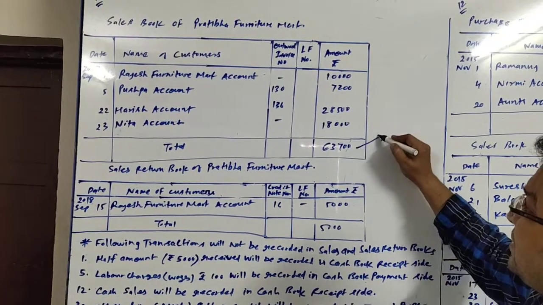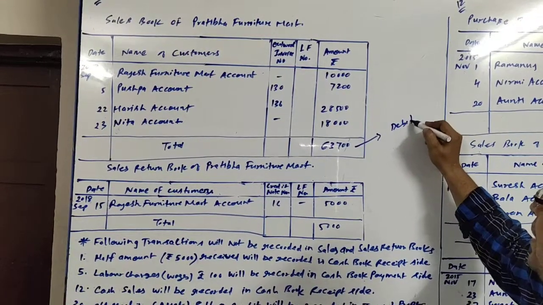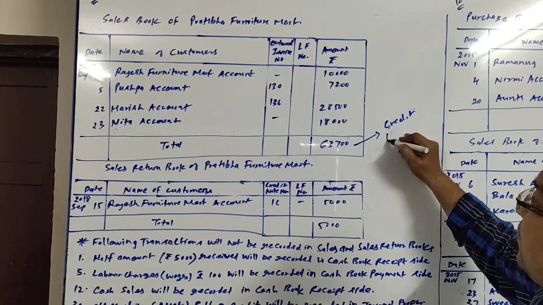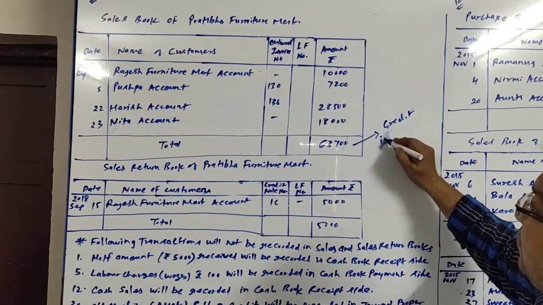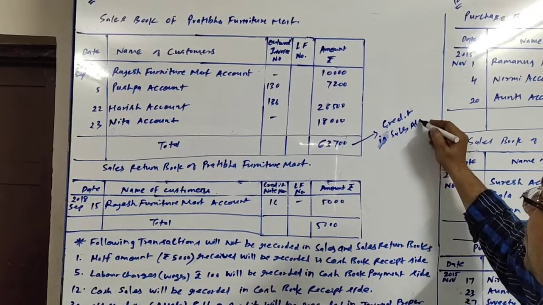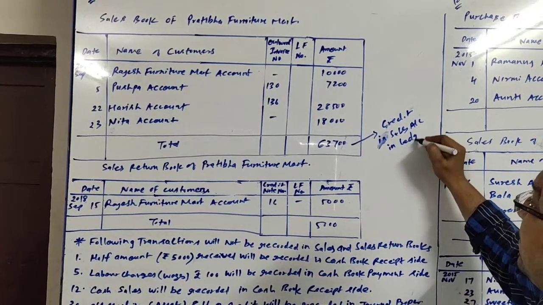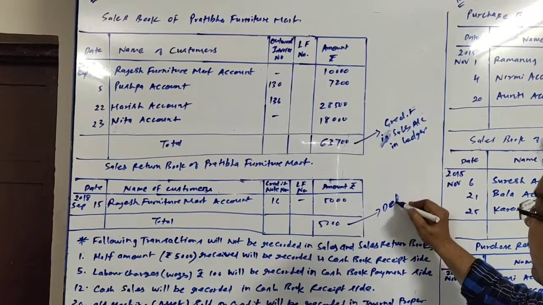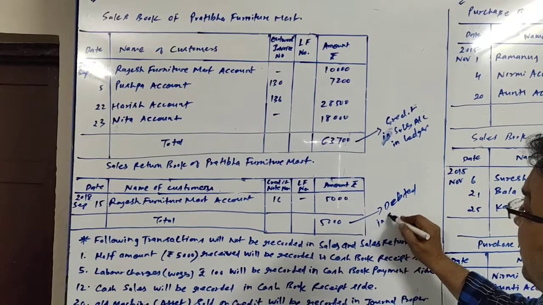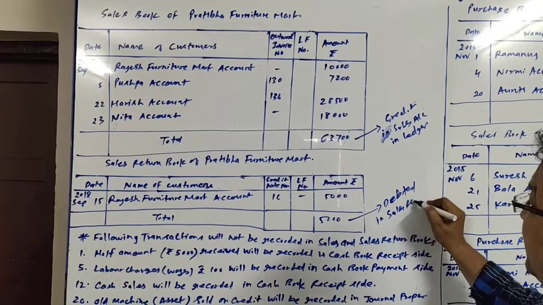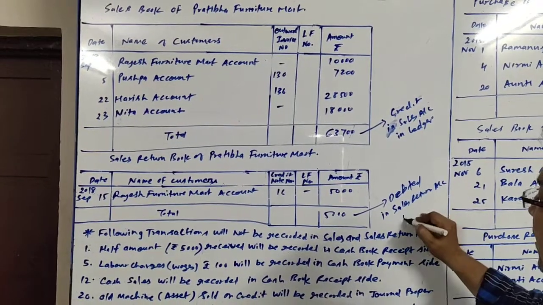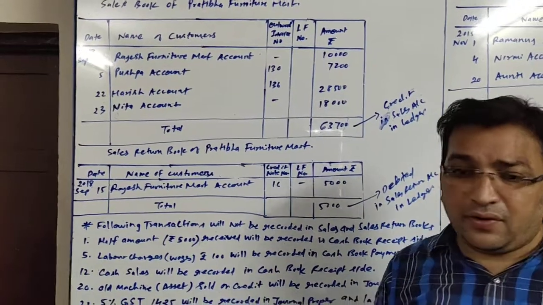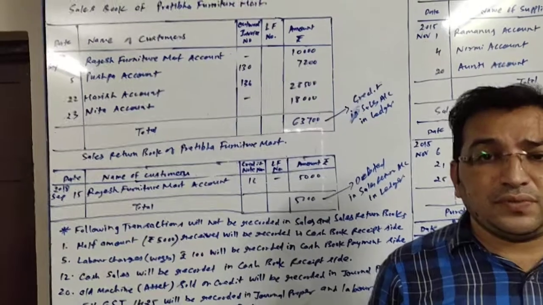This means the 63,700 will be credited in the sales account in the ledger, and rupees 5,000 will be debited in the sales return account in the ledger. This is the scenario of the sales return book and sales book.